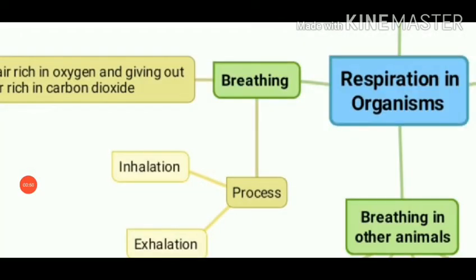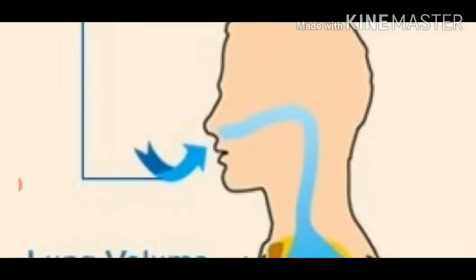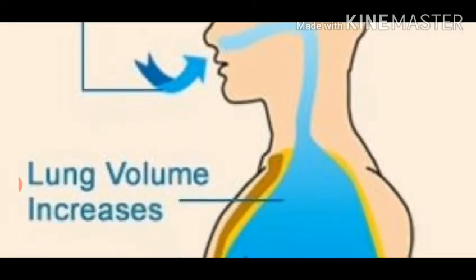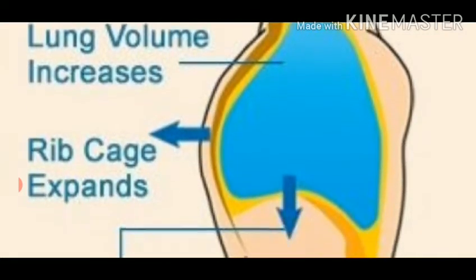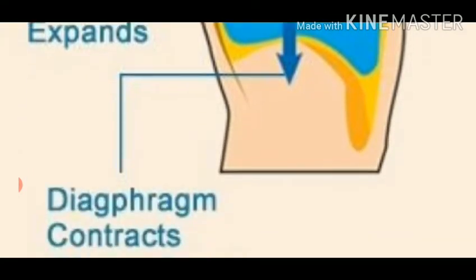Now, let us study about inhalation. By inhalation, we mean breathing in air rich in oxygen. When we breathe air or inhale oxygen, the rib cage expands while the diaphragm contracts and moves downward.